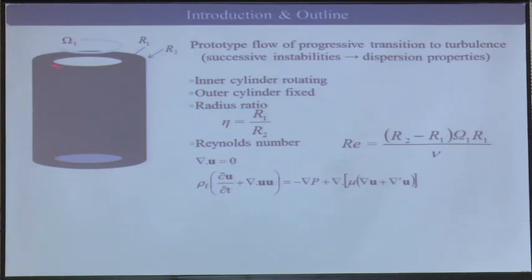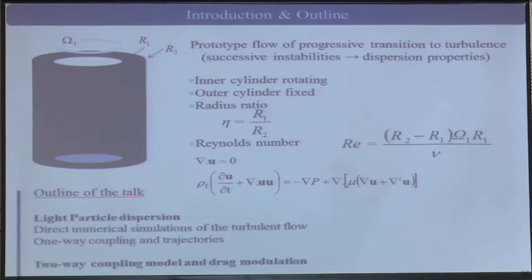So we did simulation within a Taylor-Couette device, so it's actually very simple in terms of geometry. So you have a cylinder which is rotating, the outer cylinder is fixed, and then you have a fluid in the gap between the two cylinders. We are solving the Navier-Stokes equation with the appropriate Reynolds number, which is based on the rotation of the cylinder and on the gap and the viscosity of the liquid.